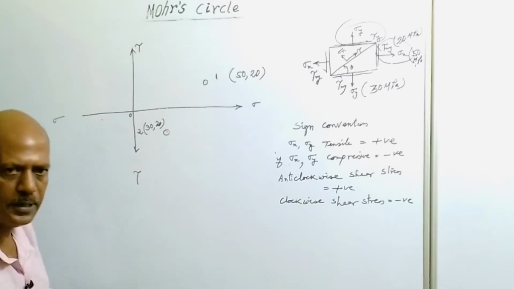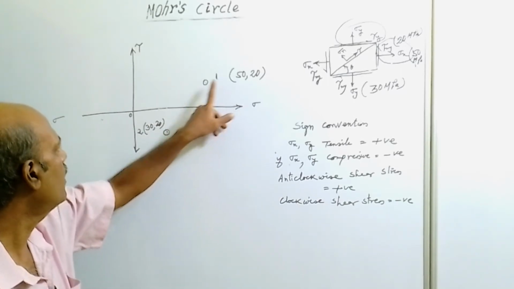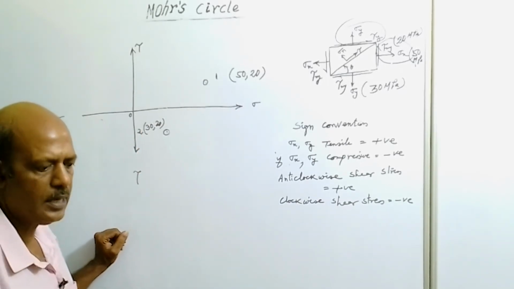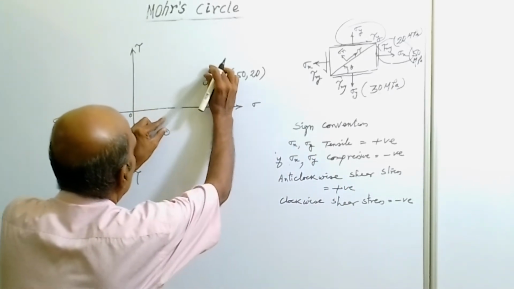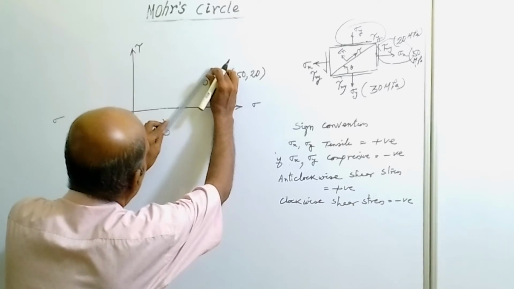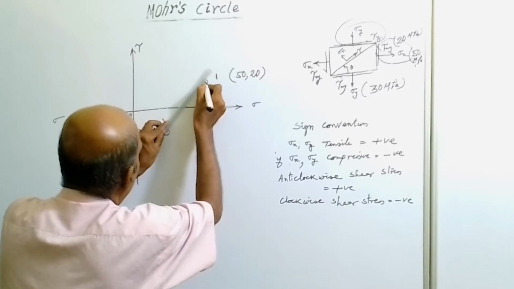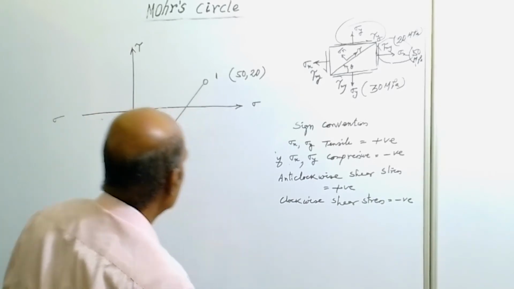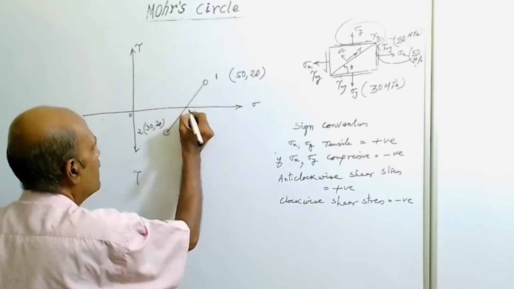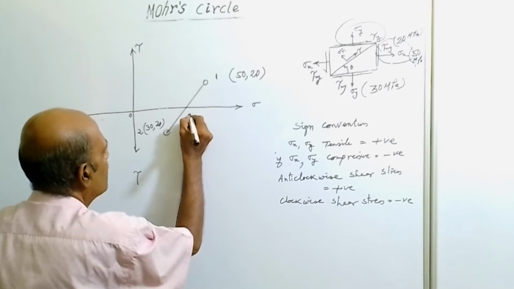So we have got 2 points, the first point and the second point. Then join these 2 points using a scale. It will intersect the sigma axis somewhere. This is the center of the Mohr circle.